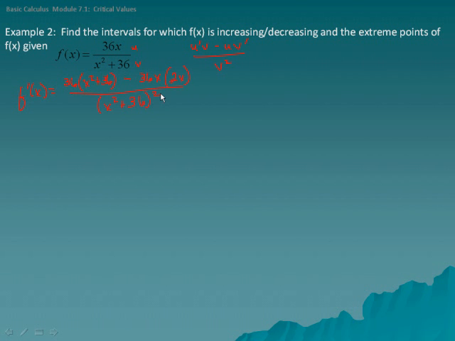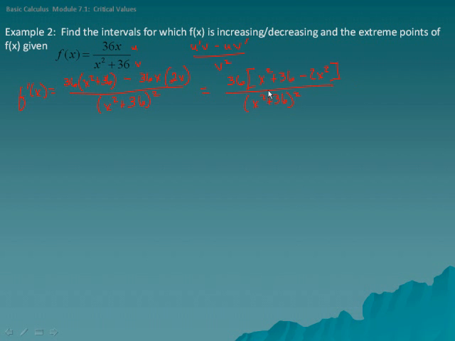Okay, so we've taken the derivative, and I'm going to factor a 36 out of the top to make this a little bit easier. So that's going to give us 36 times the quantity x squared plus 36 minus 2x squared, all over x squared plus 36 quantity squared.